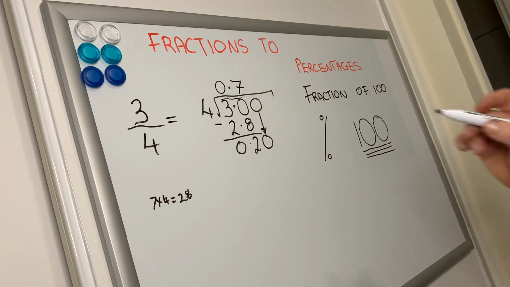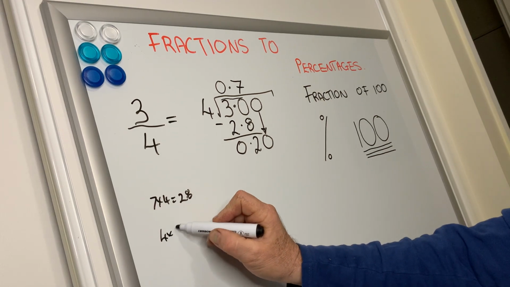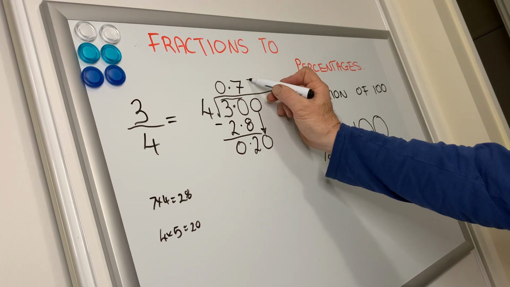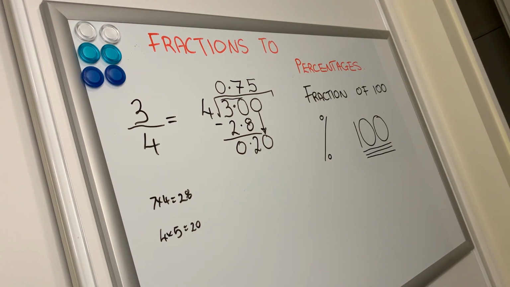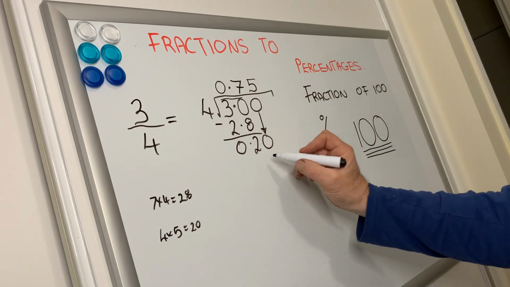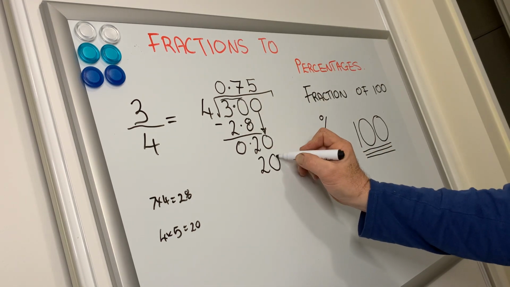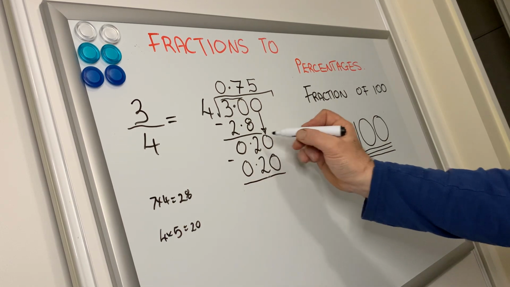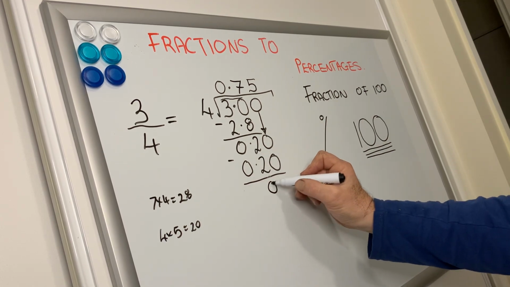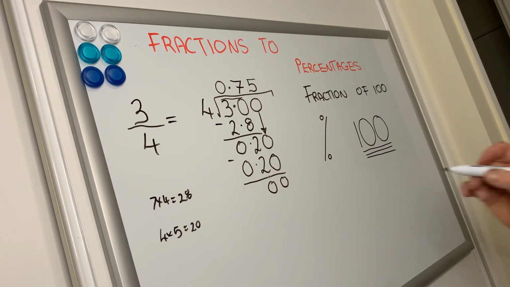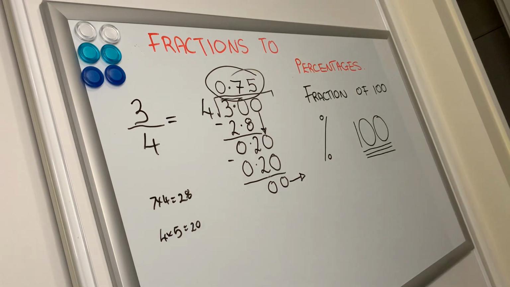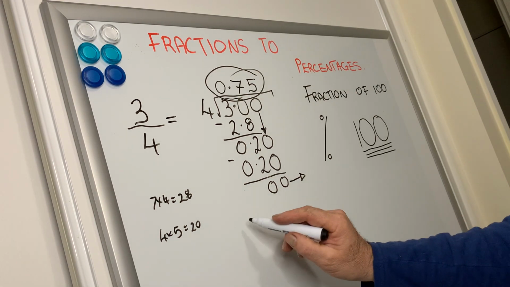So now we ask how many 4s go into 20. 4 times 5 equals 20. So 5 lots go into 20. 5 times 4 is 20. And then we can say that these two cancel out, 0 and 0. So 0.75 is our answer. So 3 over 4 is equal to 0.75.